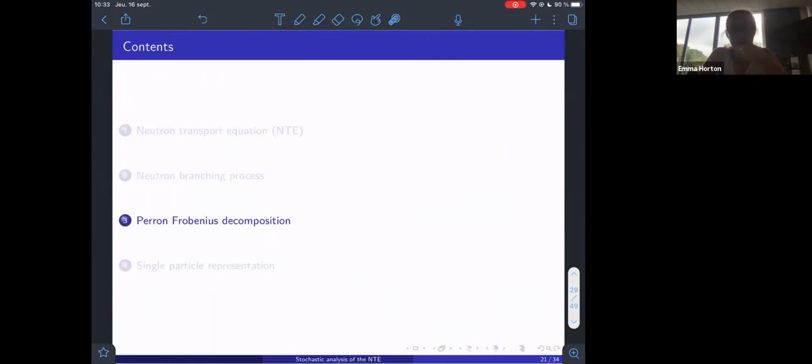In one of the previous slides, I said we were interested in looking at the leading eigentriple to look at the leading order behavior. So now we need to work out what this looks like from the point of view of the branching process. What does it mean to have a leading eigentriple?